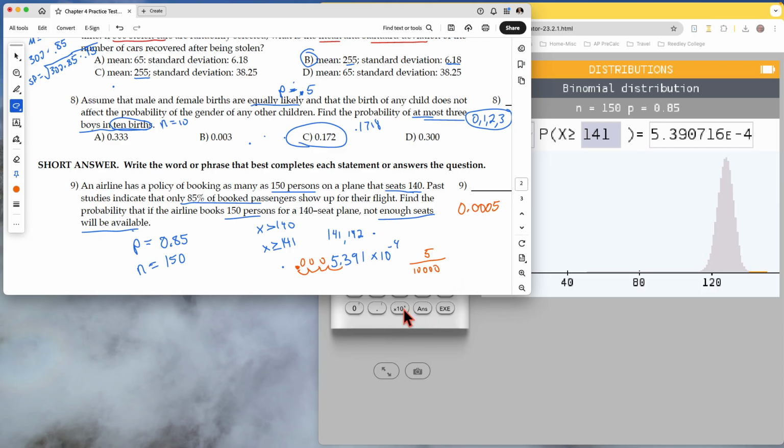They have to bump a person or 2 or 3 or possibly 10. If everybody showed up, that could occasionally happen. But again, it's very, very rare. And so business folks, they're going to book more people so that there's a better chance that they can actually have 140.